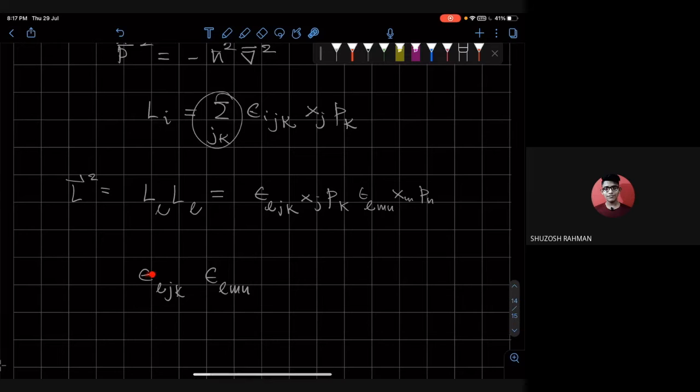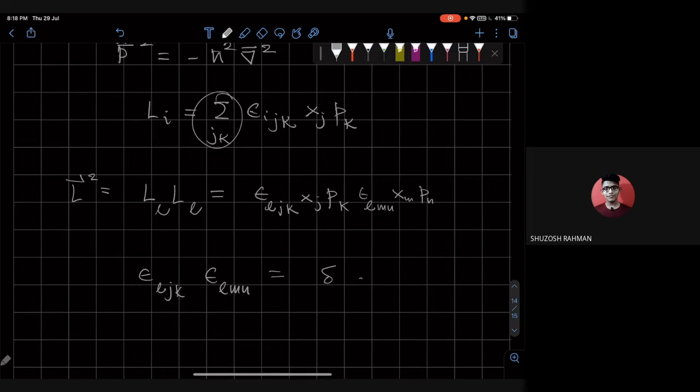So I should be able to write this in terms of the Kronecker delta. All I have to do is combine products of Kronecker deltas such that I get the required antisymmetry.